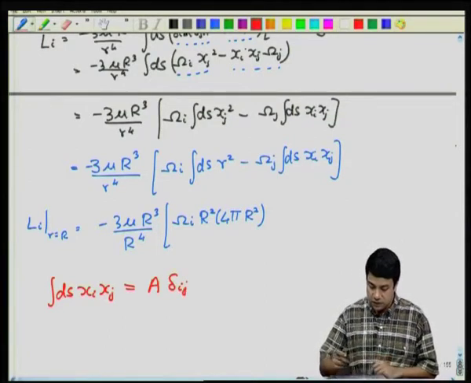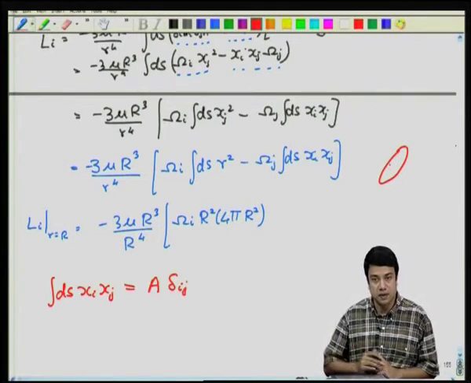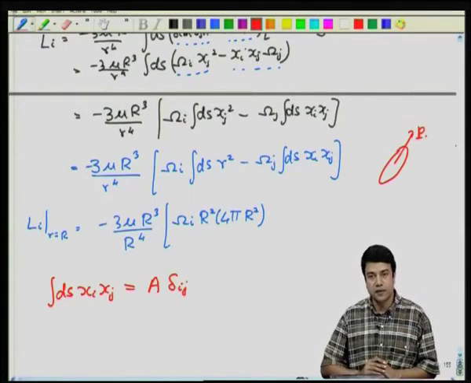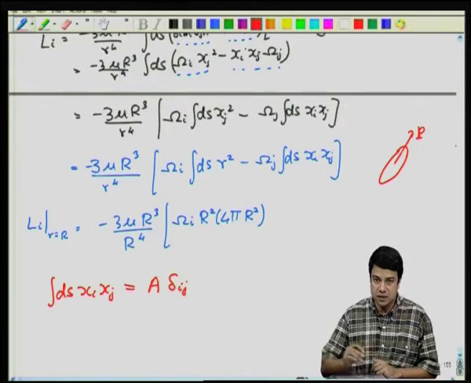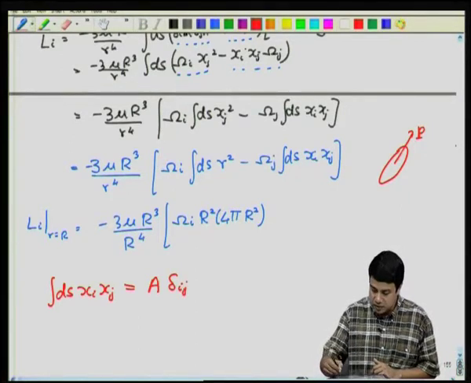If, for example, I were integrating something over an object like this, that object has a net direction p, the orientation of the axis of this object. If I integrate xi xj over this object, I could get something that depends upon this vector p.